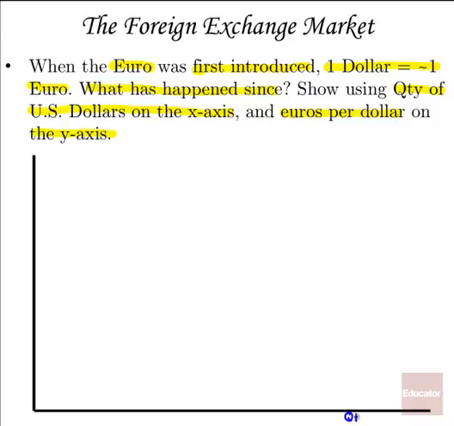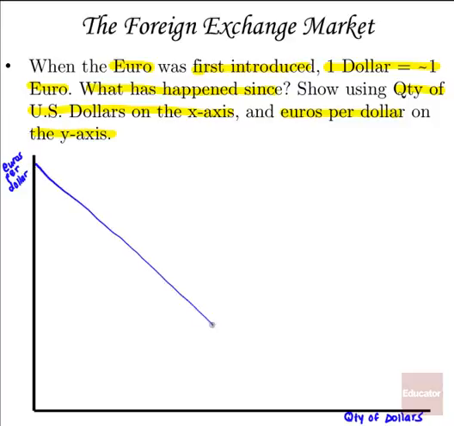So if you're doing quantity of dollars, then on the y-axis, it's going to be something per dollar because you're measuring the quantity of US dollars. So whatever the foreign currency is, euros per dollar, whatever the exchange rate is here.